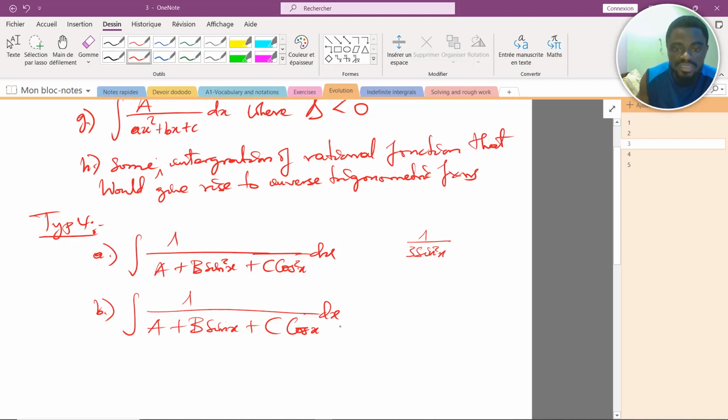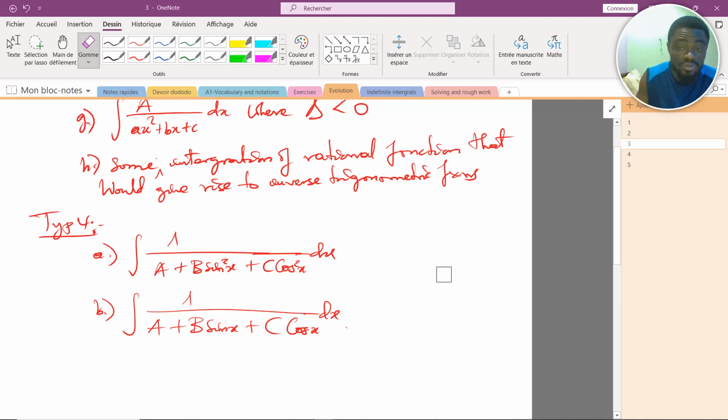So basically this type corresponds to, we're going to see how to integrate 1 on sine theta, that is cosec theta. We're going to see how to integrate 1 on cos theta, that is sec theta.